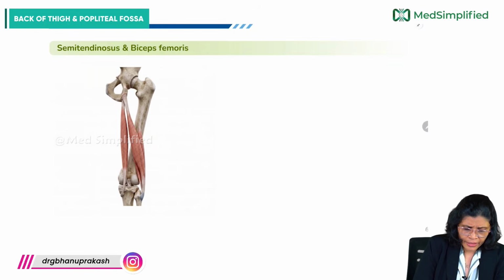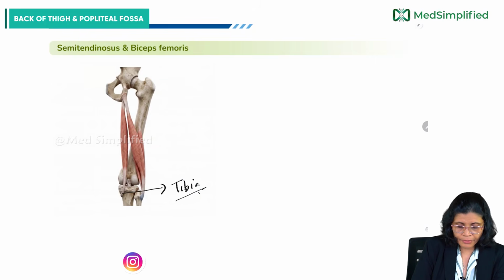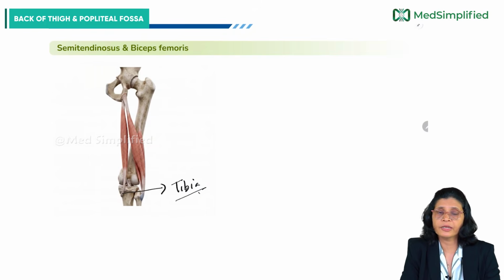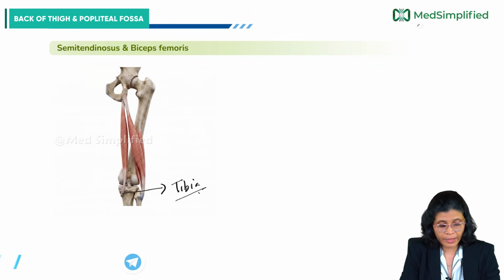So it gets its insertion into the tibia. The semitendinosus is again supplied by the tibial component of the sciatic nerve, and it is a flexor of the knee and extensor of the hip. So it also obeys all the four rules, and so it is also a true hamstring.